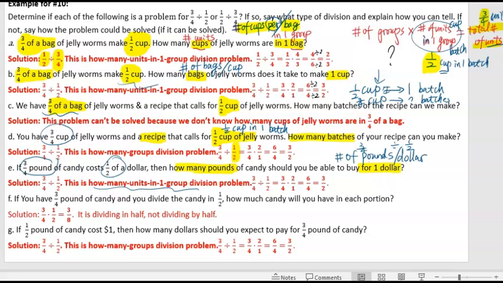Now, if you have 3/4 pound of candy and you divide them in half, this is a little tricky. Divide by 1/2 and divide in half are different. Divide by 1/2 means divided by 1/2, that's really division. But divided in half actually means times 1/2.